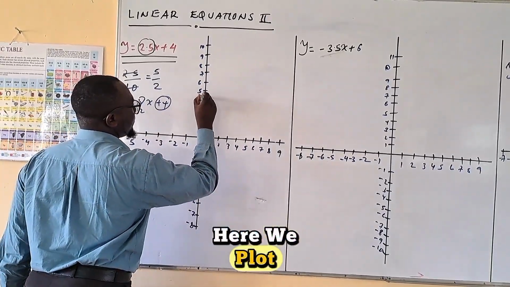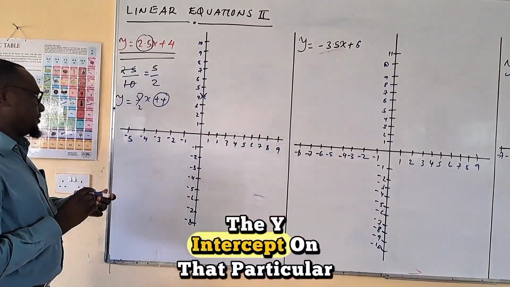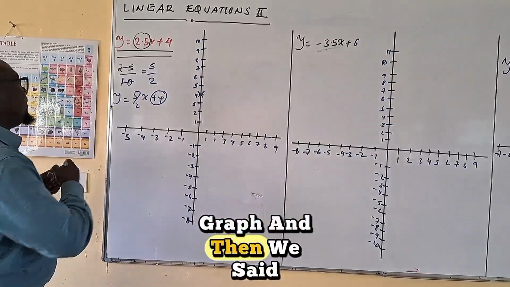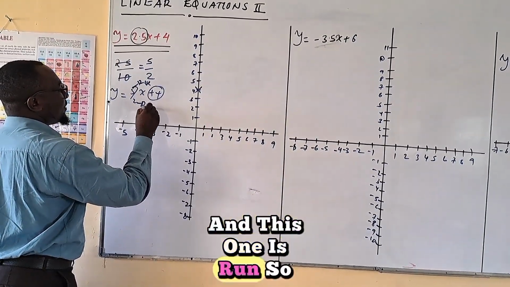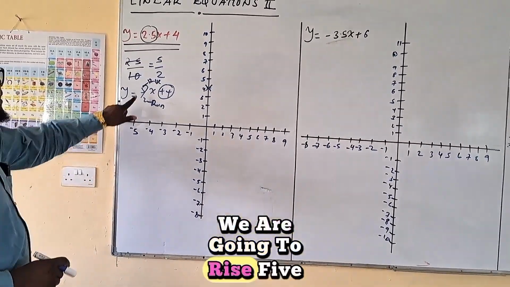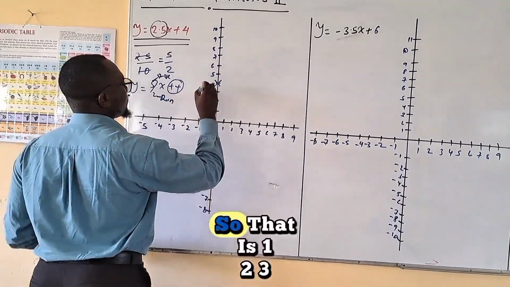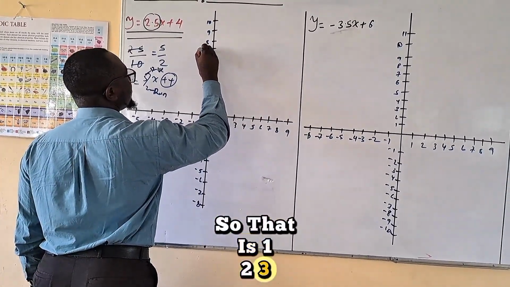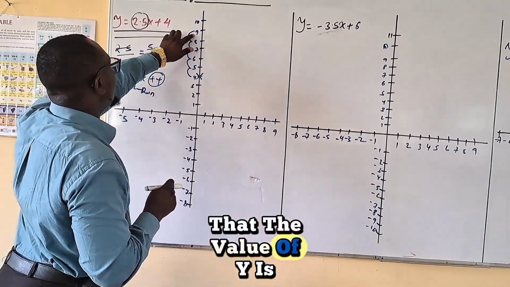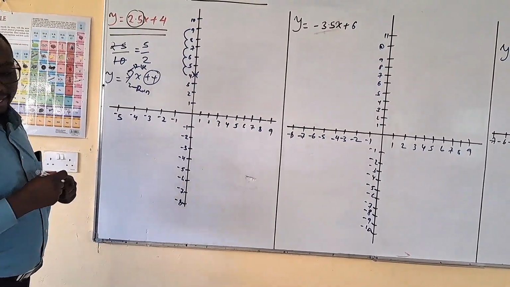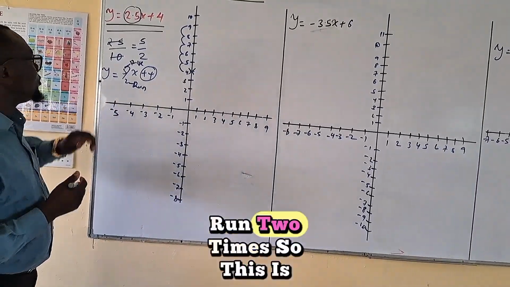So here we plot the y-intercept on that particular graph. And then we said this one is rise and this one is run. So we are going to rise 5 times. That is 1, 2, 3, 4, 5. So we come to realize that the value of y is 9, and then we are going to run 2 times.